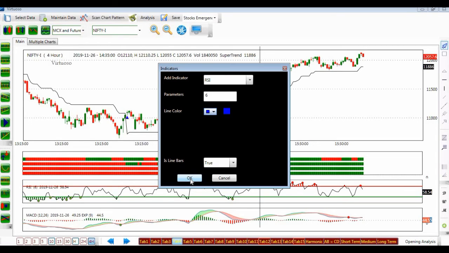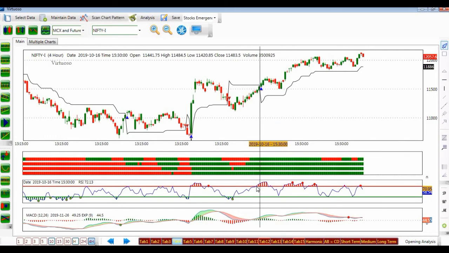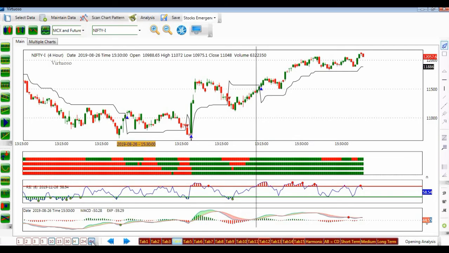And on the opposite side, whenever RSI reaches 30 or 40, they start buying. Now in this strategy, set RSI as 6, and whenever RSI comes above 70, you have to buy more. So this is 4 hours, 6 parameter.